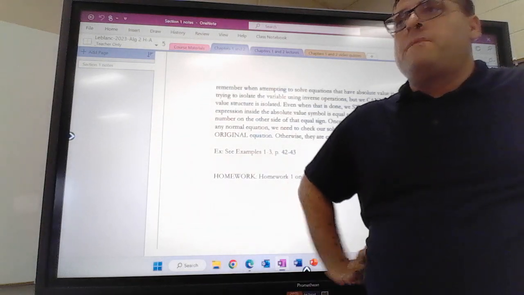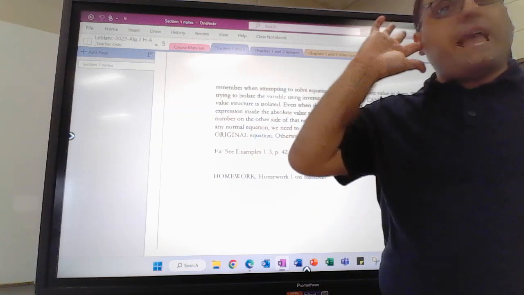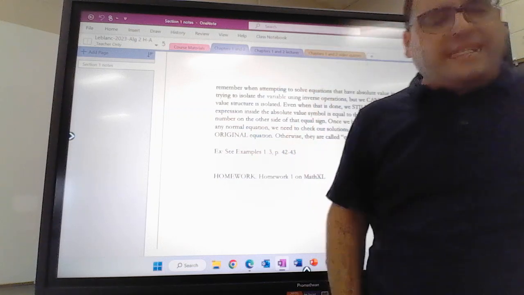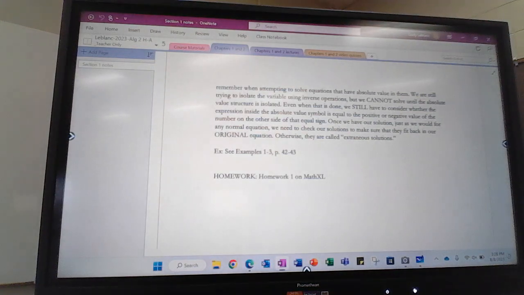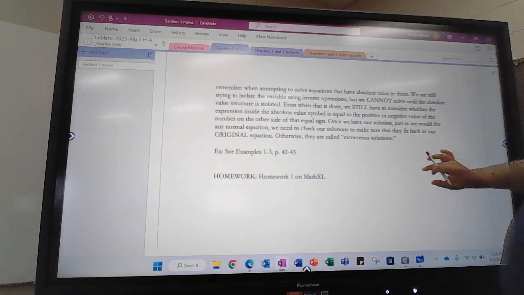Simply because whatever's inside the absolute value could be positive or negative, the absolute value of that quantity is going to be positive regardless. I'll show you how to do that in just a second. But we also have to make sure that whatever solutions we get fit back into our original equation. If they don't, they're what's called an extraneous solution.